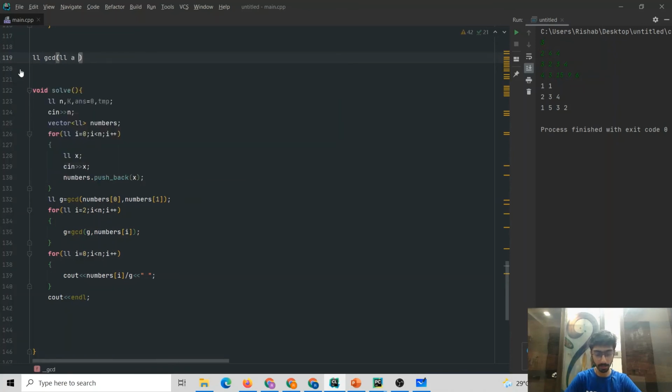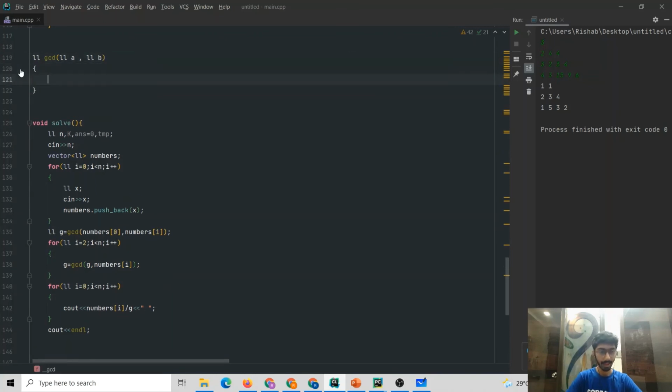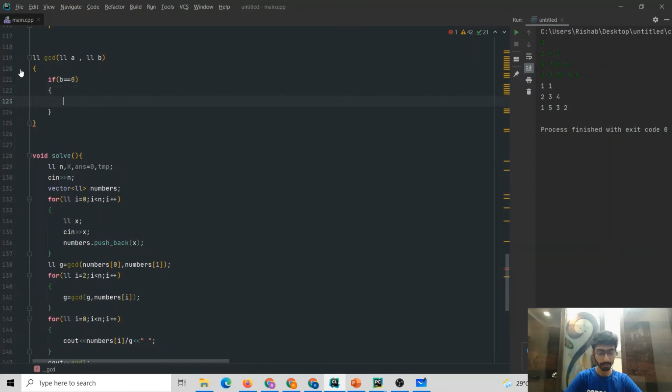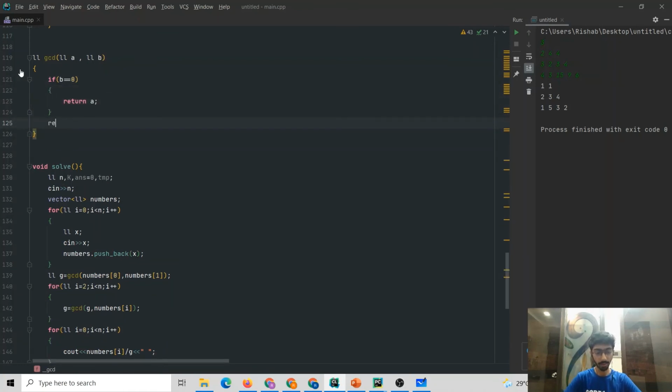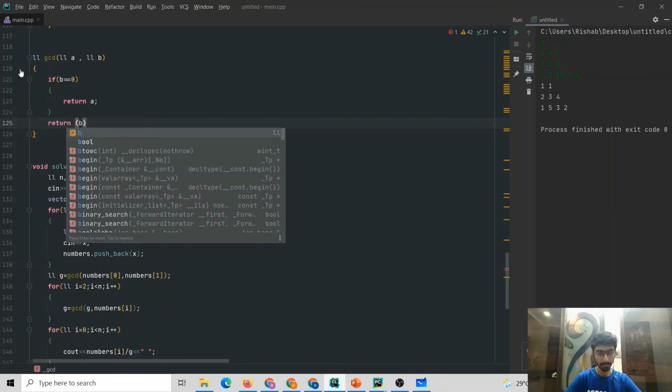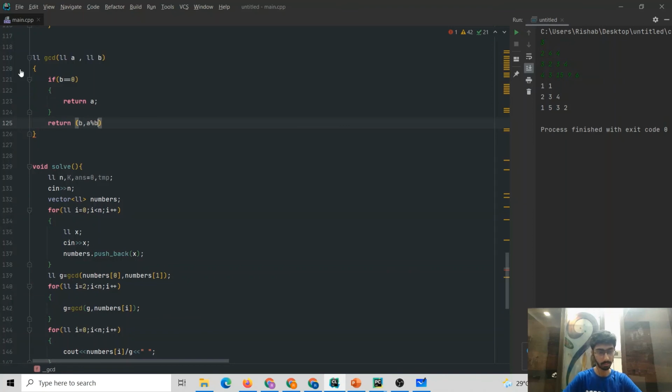It takes two parameters A and B. As I said, if B is equal to 0, I can just return A. Otherwise, I can return GCD of B, comma, A mod B. Yes. This solution looks correct.